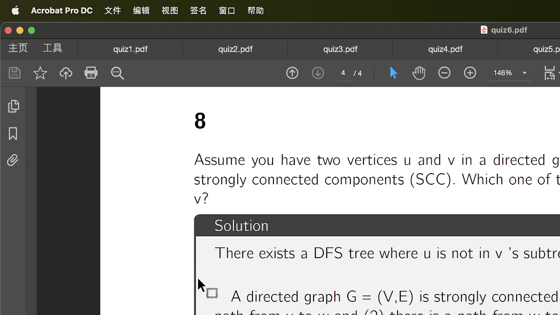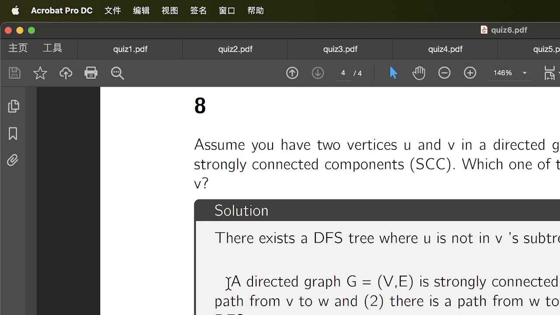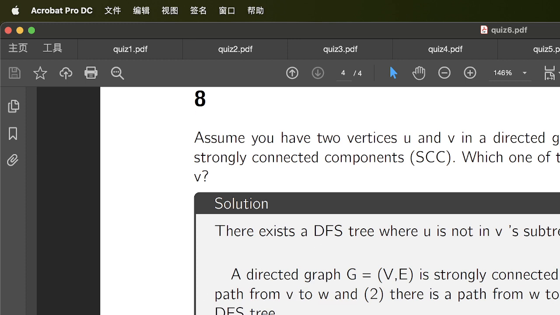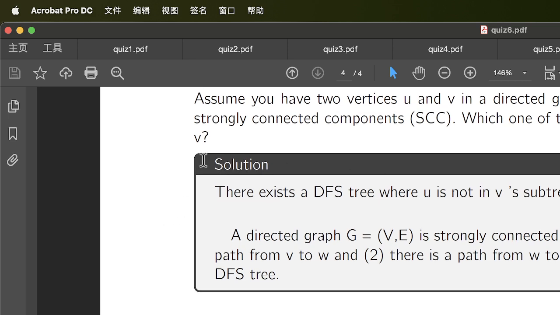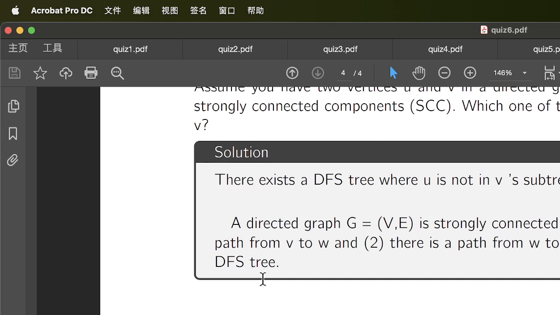So this one is incorrect, because an SCC requires that for all V and W, there is a path from V to W and a path from W to V. So there couldn't exist such a DFS tree. They must be connected to each other.